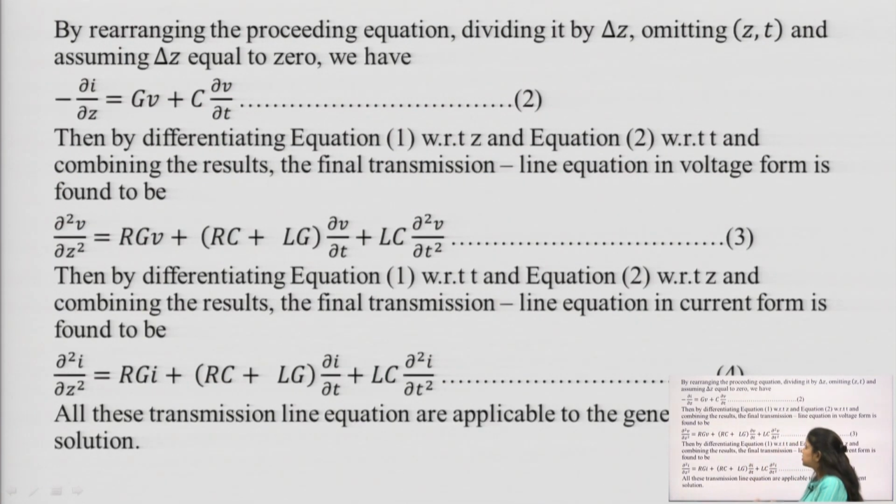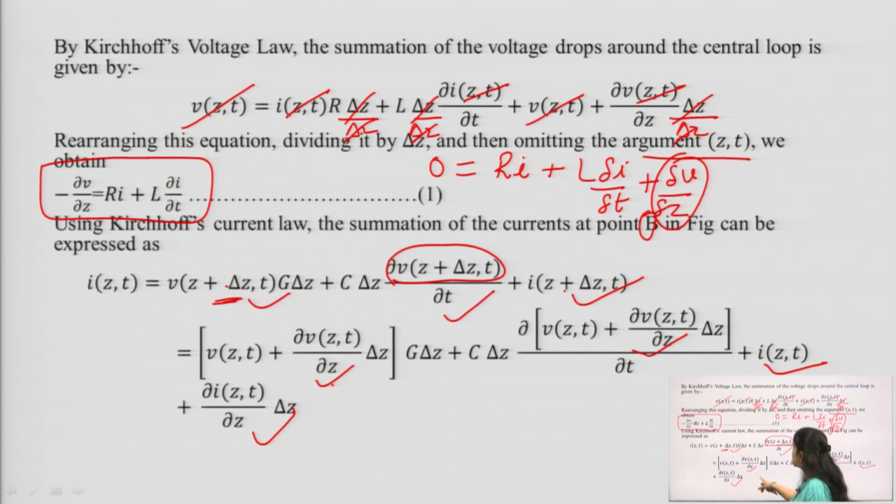And after that, the same thing which we have done in the case of KVL, we have applied here: dividing it by del Z and omitting del Z. So, in all the expressions, what we are going to do? We have divided by del Z in every expression and after that we will omit.